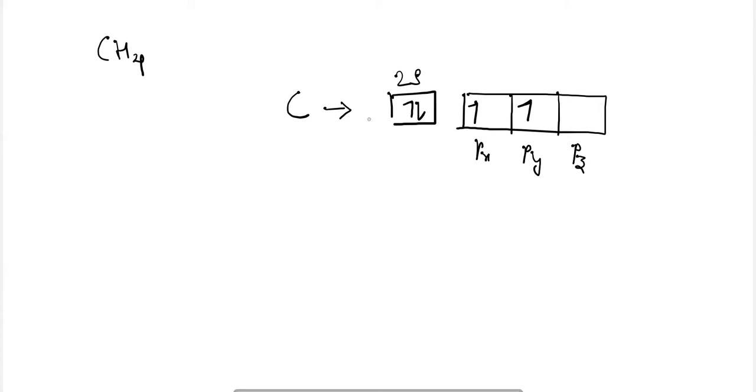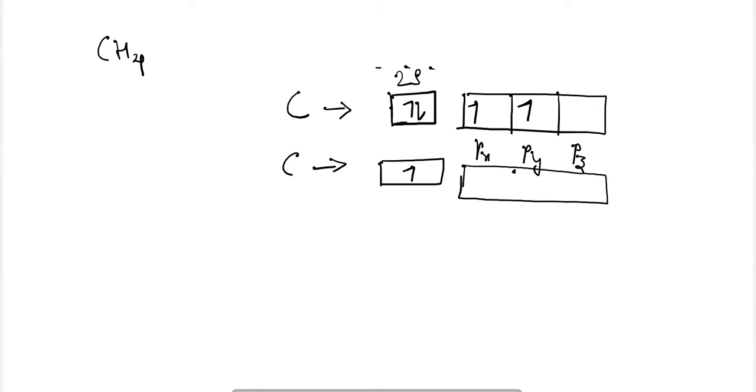So what will happen here, all these four orbitals will combine with each other and they will form hybrid sp3 orbitals.